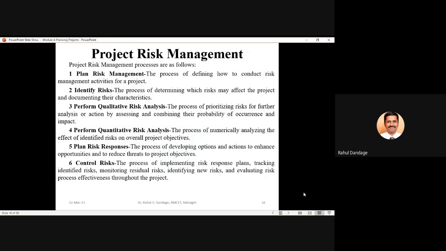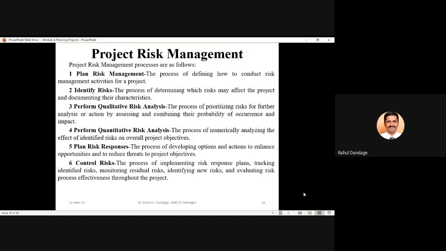Once you have the risks identified, the qualitative analysis done to prioritize them, and the quantitative analysis done to understand their effect on project objectives numerically, we should plan how the risk categories will be responded to effectively. Based on the prioritization, the risk register and the quantitative analysis, we decide certain strategies and plans to respond to the risks.